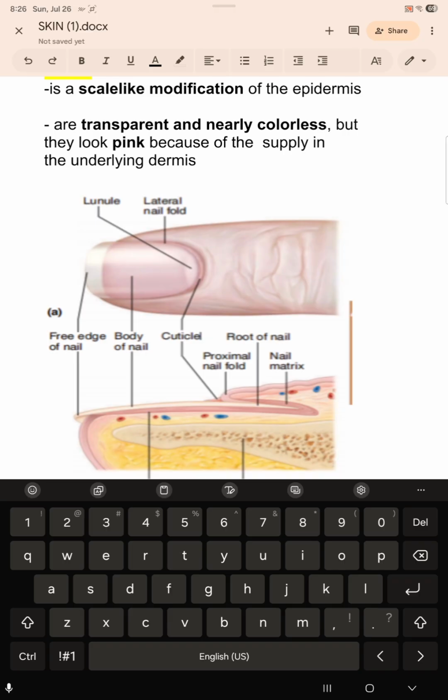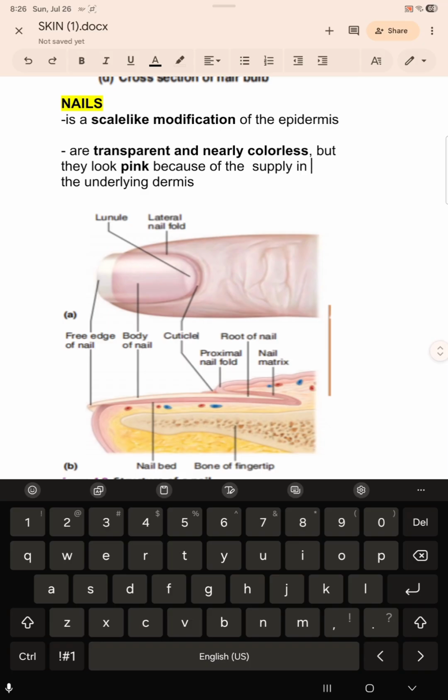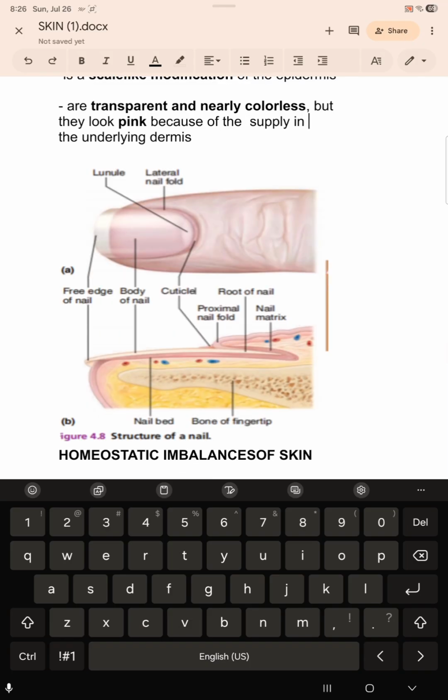Maong pink ang tuang nails. So mao na itong nails, itong gross anatomy.